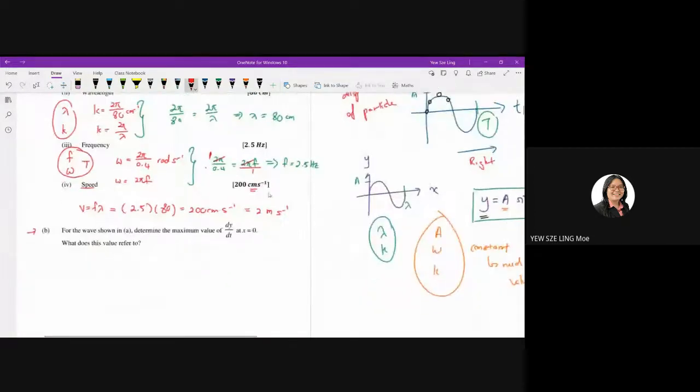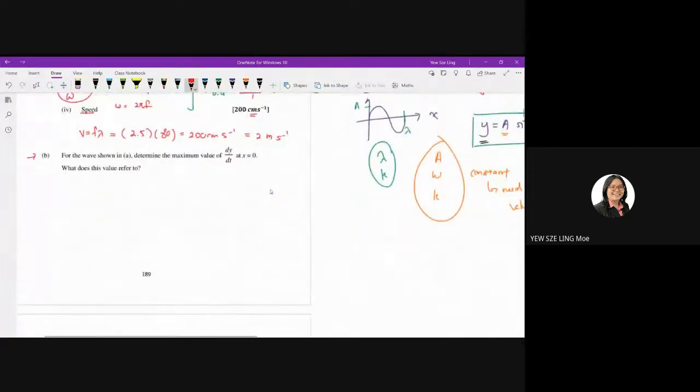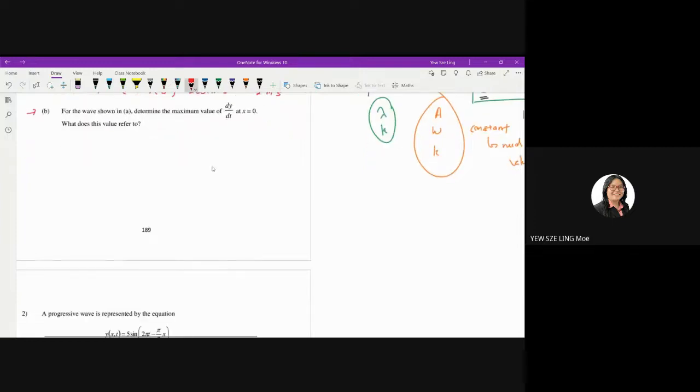All right, now question B. Question B now, this is for displacement, the displacement of a particle. So you want to determine the maximum value of dy over dt at x equals 0. So this statement itself actually tells you it wants 2 different things. So what are the things that you need to do?